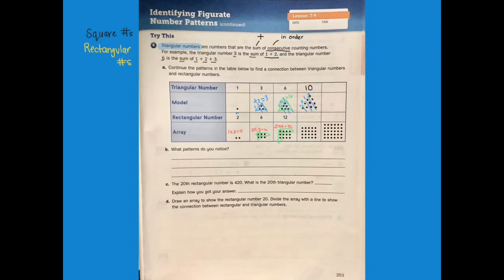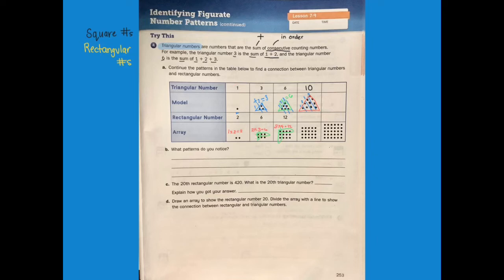This shape that I created makes a triangle shape, so I know I'm on the right track. The next triangular number is 10. Now, to see if there's a connection, let's look at our rectangular numbers and our triangular numbers together, okay? And I'll show you what I mean by that. What is our first triangular number? 1.